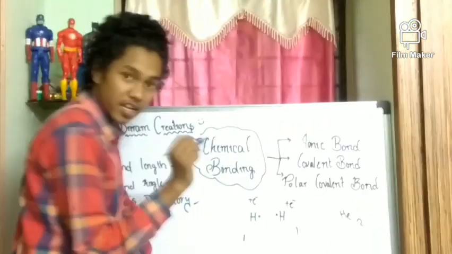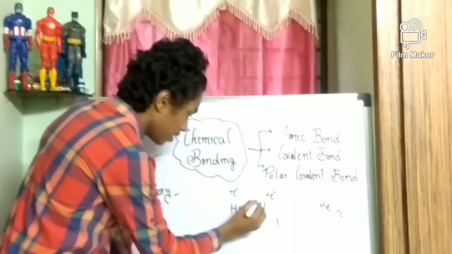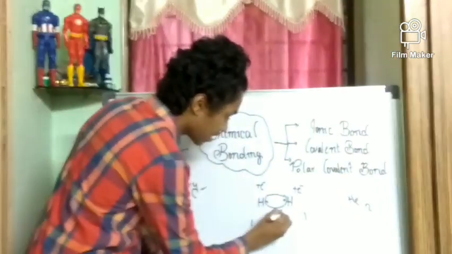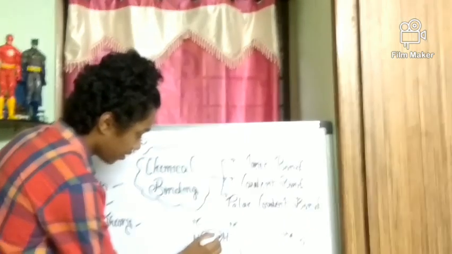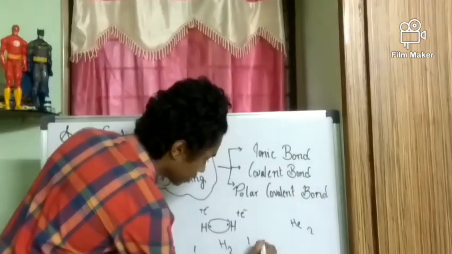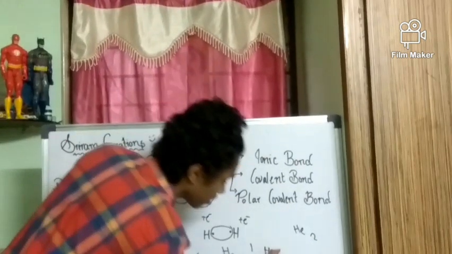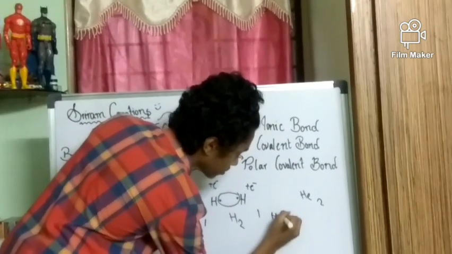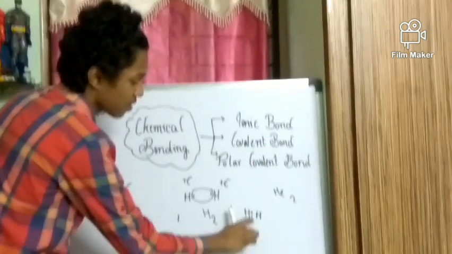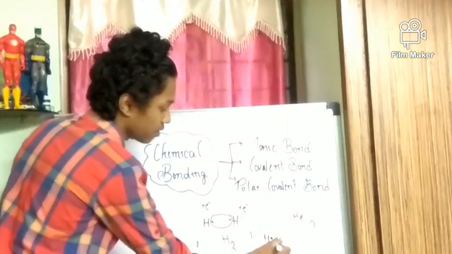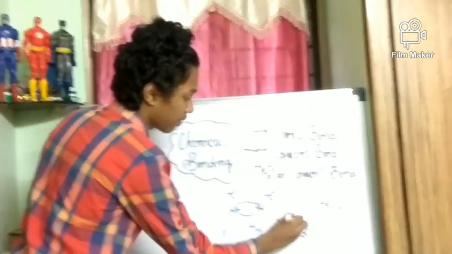Now, here comes the covalent bond. The bond is formed between these electrons, and that becomes H2. How? If these both are combined like this, this electron belongs to this hydrogen, this electron belongs to this hydrogen. The lower one to this one, and this one to this one.